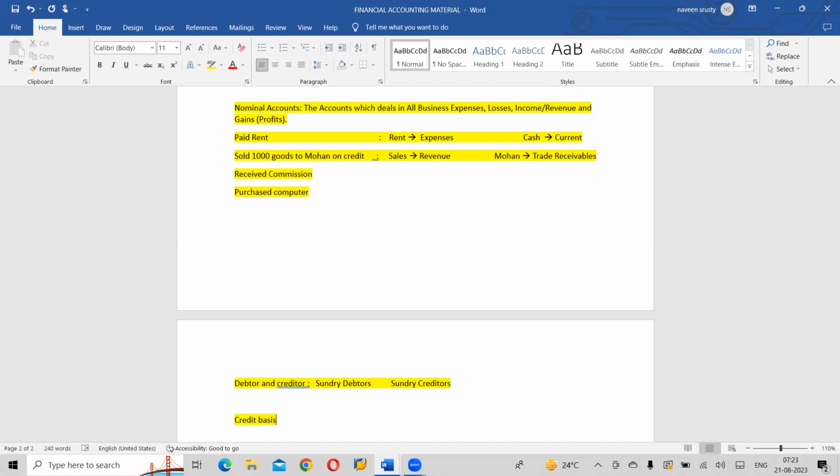Perfect. So on credit basis, normally we will sell goods to a number of debtors and purchase from a number of creditors. Correct? So whenever I prepare my balance sheet, I need to receive from 100 debtors and I need to pay 500 creditors.